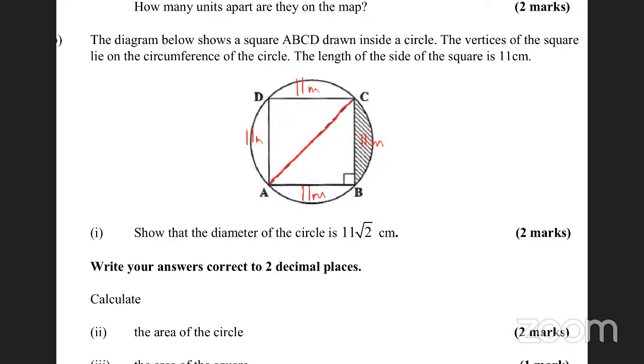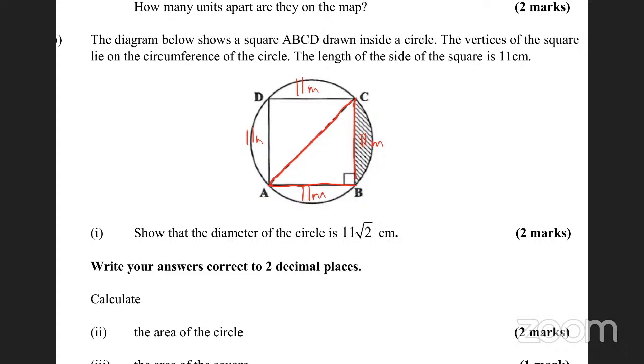Seeing that? AC. And AC belongs to what shape? See a little triangle there? So it belongs to this shape here, right? What kind of triangle is that? A right angle. So which rule could you use?